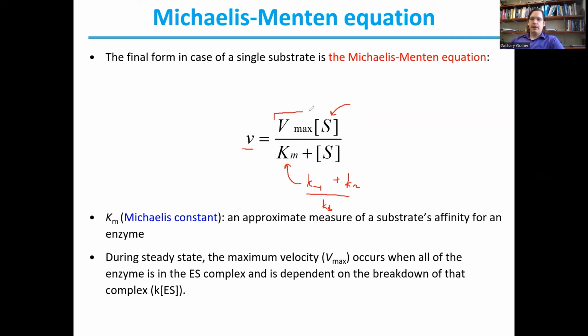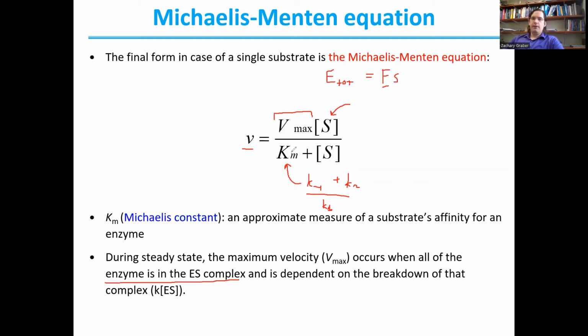Our Vmax up here is the maximum possible rate of our reaction. This would occur when all of our enzyme has substrate bound. So our entire enzyme concentration is equal to our enzyme substrate complex concentration, or in other words, the total concentration of our enzyme is equal to our enzyme substrate complex.